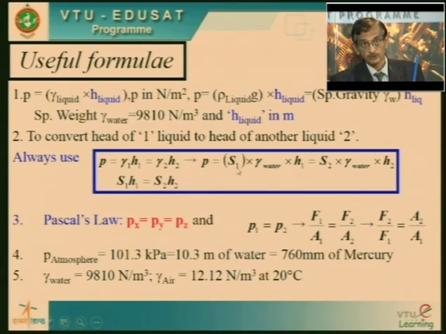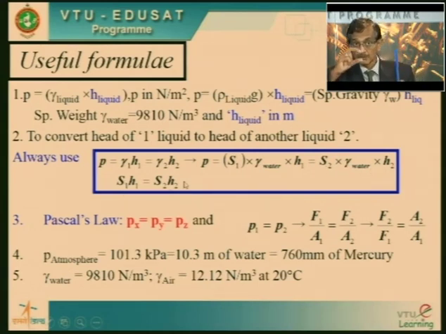We can substitute it by specific gravity of liquid 1 into gamma of the water, which is 9810, into the height, equal to specific gravity of liquid number 2 into the gamma of water into the height. So these two values will cancel, and you will get S1 H1 is equal to S2 H2, which is written here.